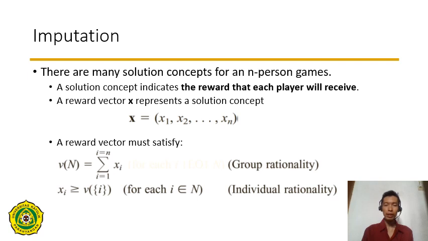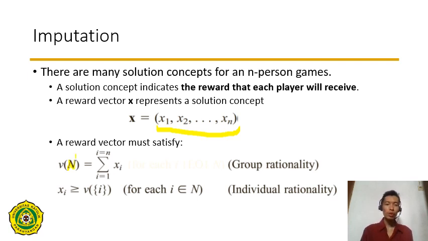Now the reward vector must be rational. It means that it must satisfy the group rationality and also individual rationality. For the group rationality, it means that the sum of the rewards for all players must equal the characteristic function of the grand coalition.